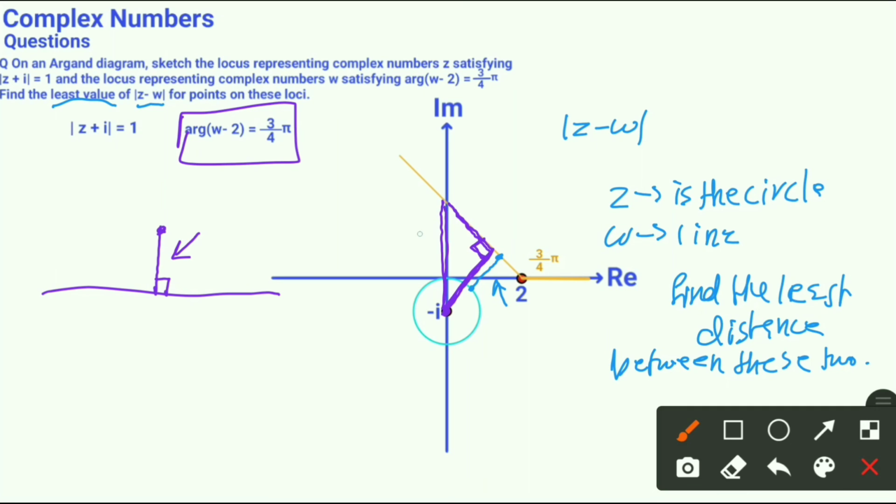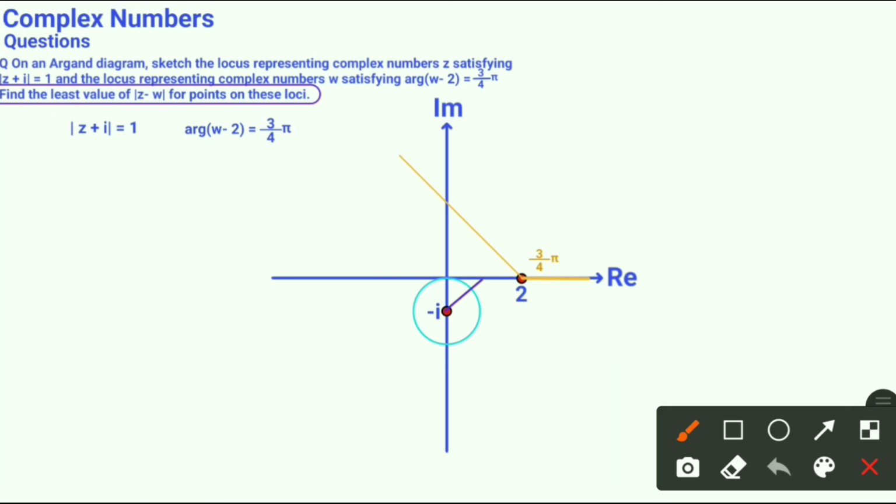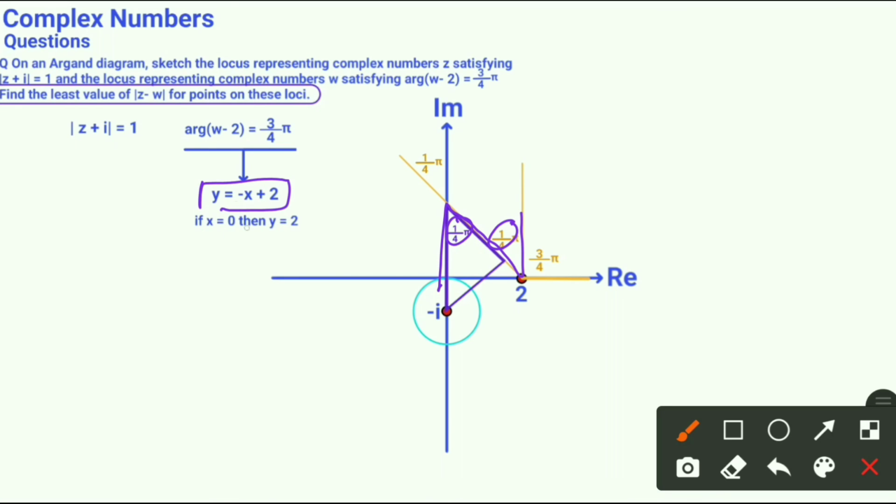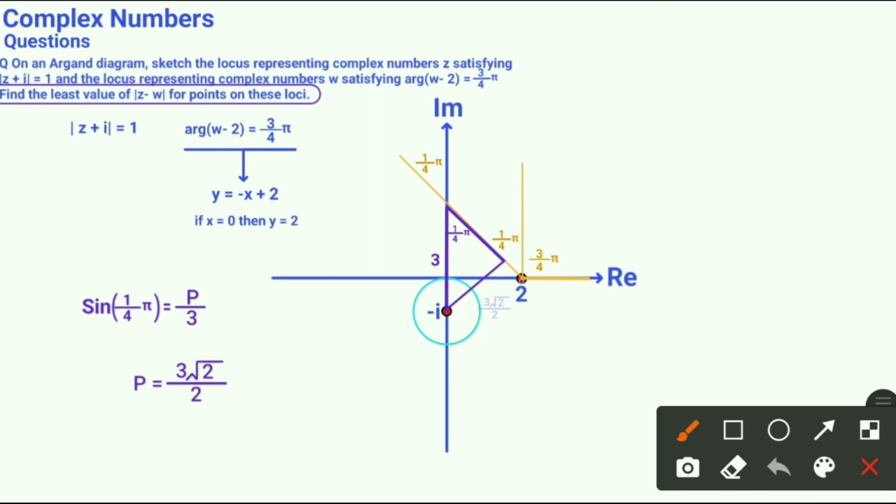Okay, so now we're going to convert this thing into a line, and after finding the line, we will find out this point. Then we could find this angle as well. Then using sine, we can find this length. So this is 1 upon 4. Now it becomes z, so it becomes 1 upon 4 as well. Then we got this line, and if x is equal to 2, then y is equal to 2.